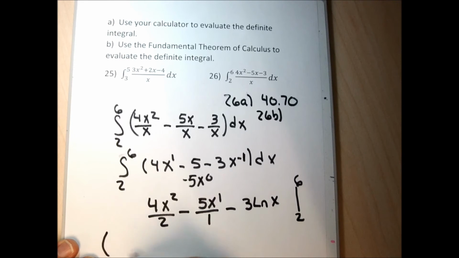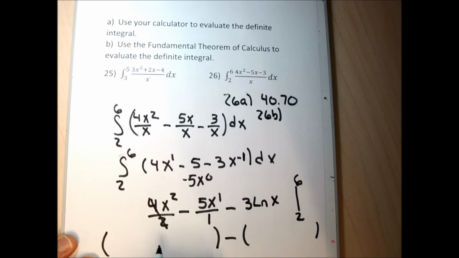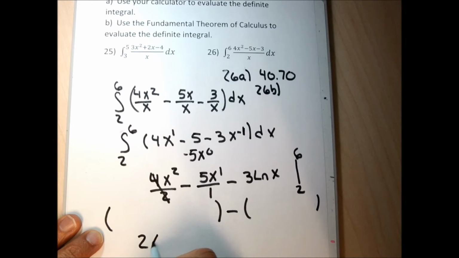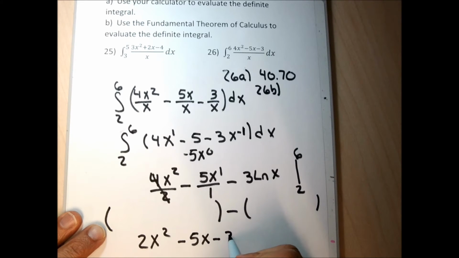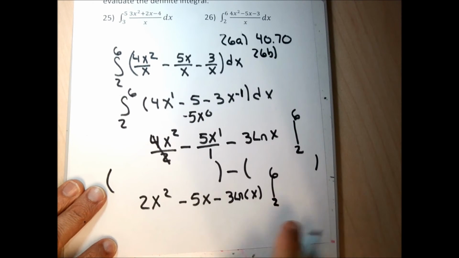So now I need to make a parentheses, separate it with a minus. Oh, this is actually 2x squared. So it's 2x squared minus 5x minus 3 natural log of x. Evaluate it from 2 to 6. So I should probably simplify it before I jump into calculator mode.